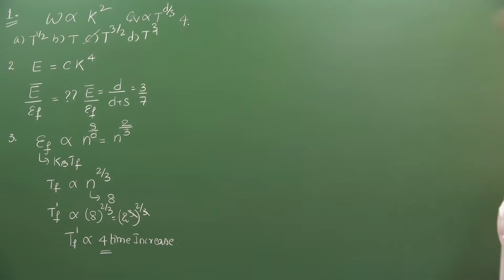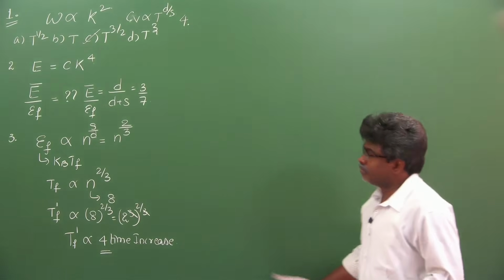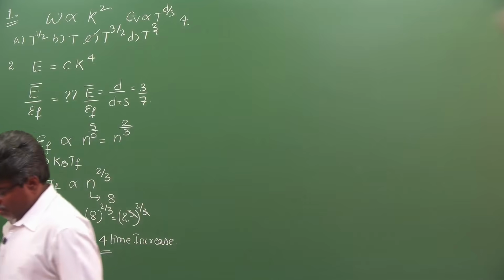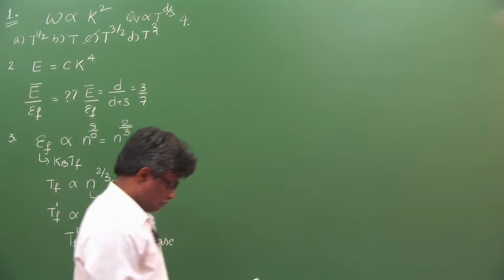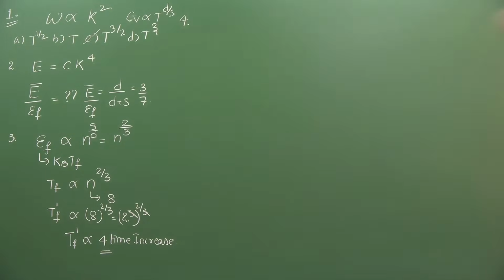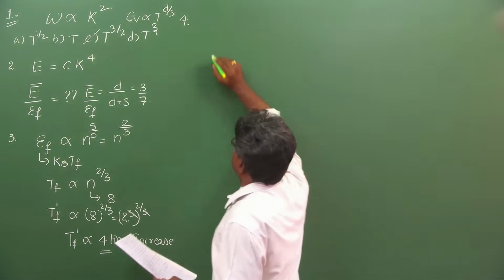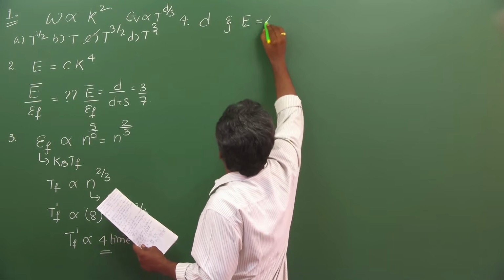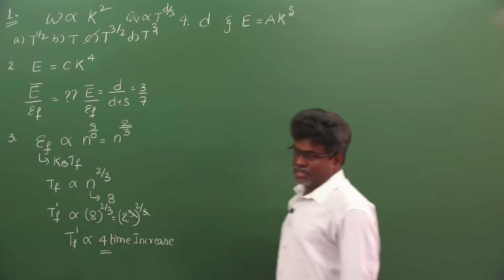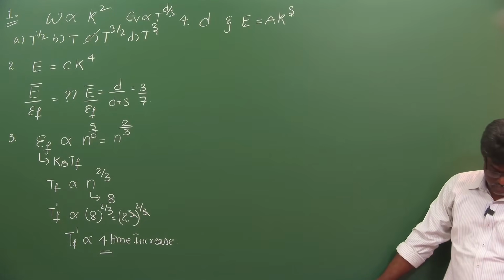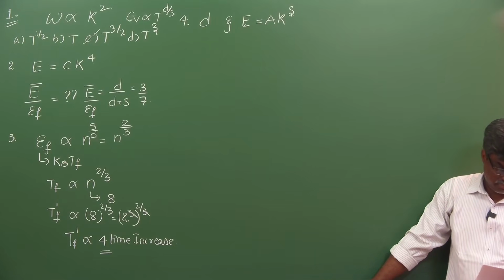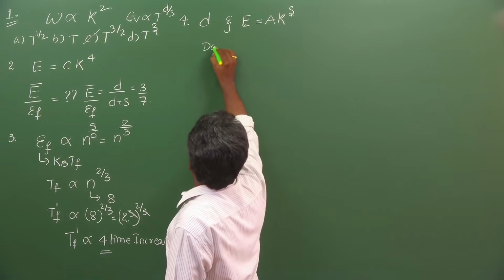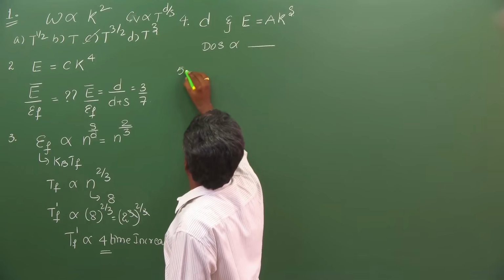Consider a system, a simple question. Consider a system of non-interacting particles in d dimension, and obeying dispersion relation E equal to a k power s, then density of states proportional to, come on, do it, very simple, I need not say anything.